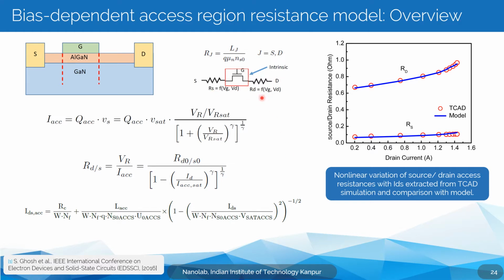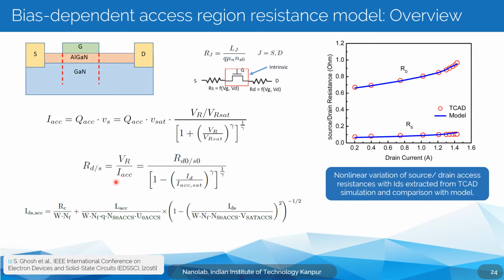And how this has been modeled is you simply take the current as charge into velocity, and then the velocity is saturation velocity into a certain quantity which denotes the saturation in that region. And if you rearrange this, and if you define the resistance as the drop across the resistive part and the current flowing through it.